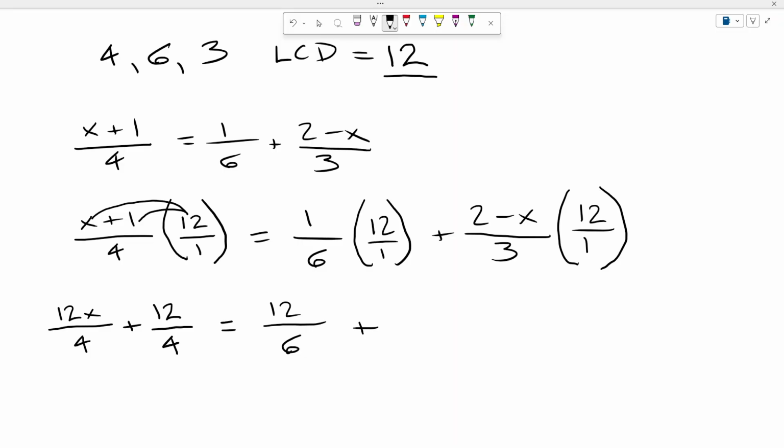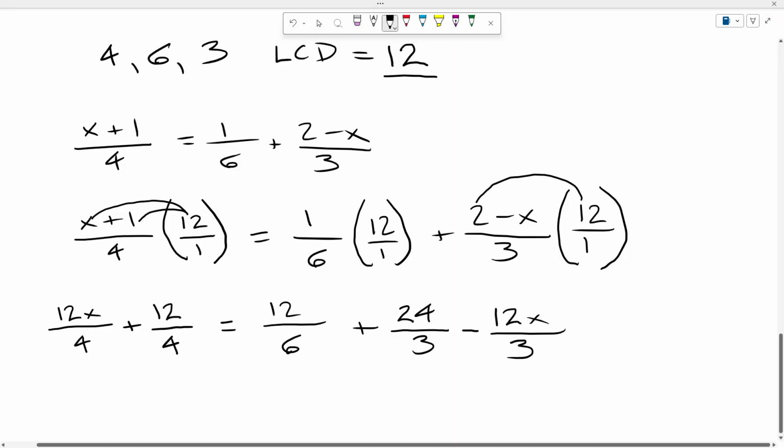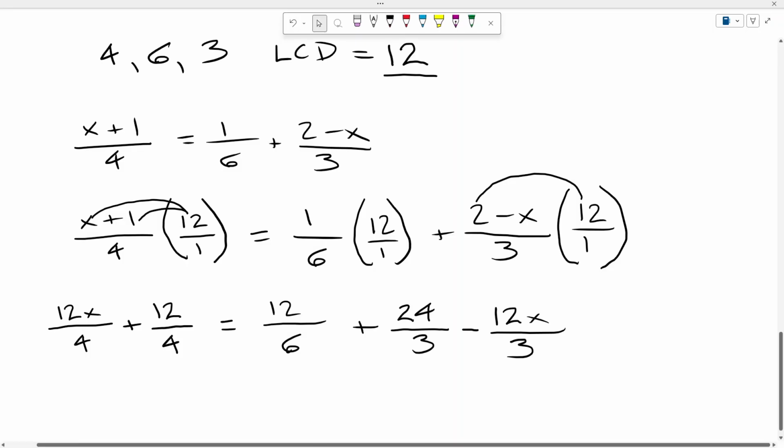The only difference here will be subtracting. If we take 12 times the 2, we have 24 over 3 in our denominator, and now we're subtracting, minus 12 times x, so we have 12x, and then 3 on the bottom. Okay, so let's give ourselves a little more space here.